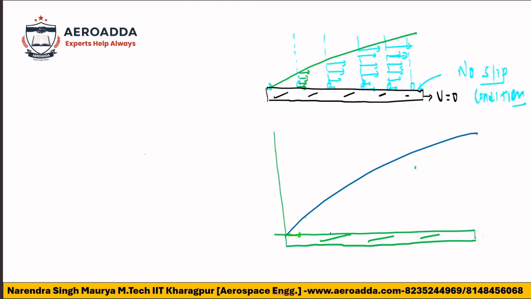If you draw one vertical line, you get the velocity variation something like this, and it keeps changing. As you move forward along the plate and in the upward direction, you see the variation, especially in the vertical direction.